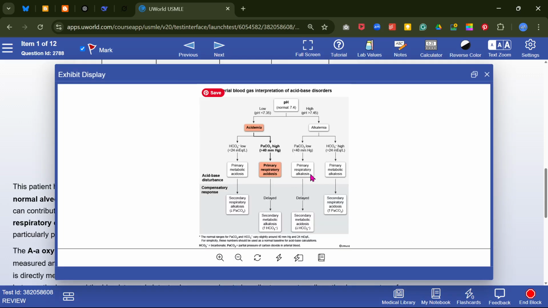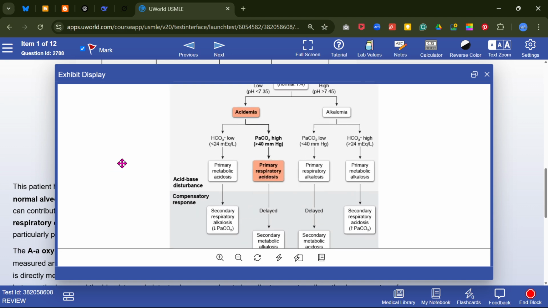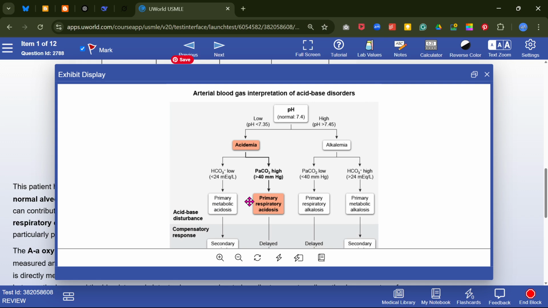Okay, before jumping into the conclusion of this discussion, I would like to talk about ABG interpretation of acid-base disorders. If pH is less than 7.35, it is acidemia.